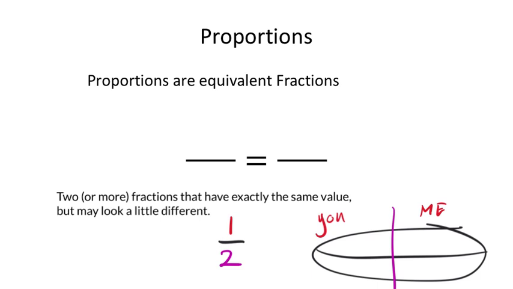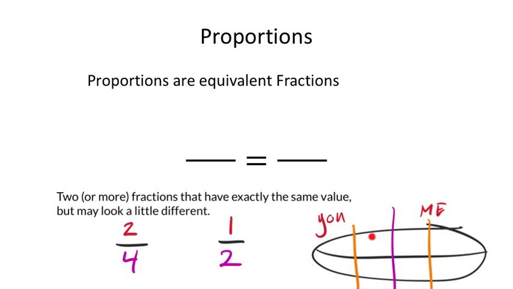But what happens if we take this same sandwich and split those two pieces into two extra pieces each? Now we cut it into 4 pieces, and you get 2 of the pieces. Even just looking at the picture, do you get a different amount of sandwich? You don't. You get the same amount of sandwich, because you still get these 2 pieces right here, and I get these 2 pieces.